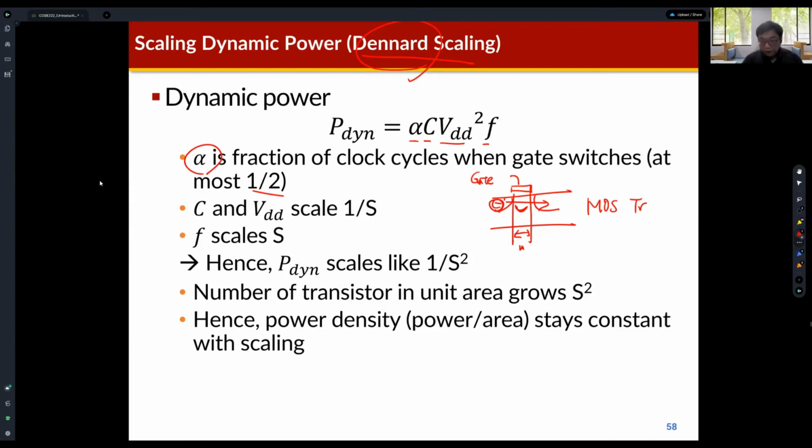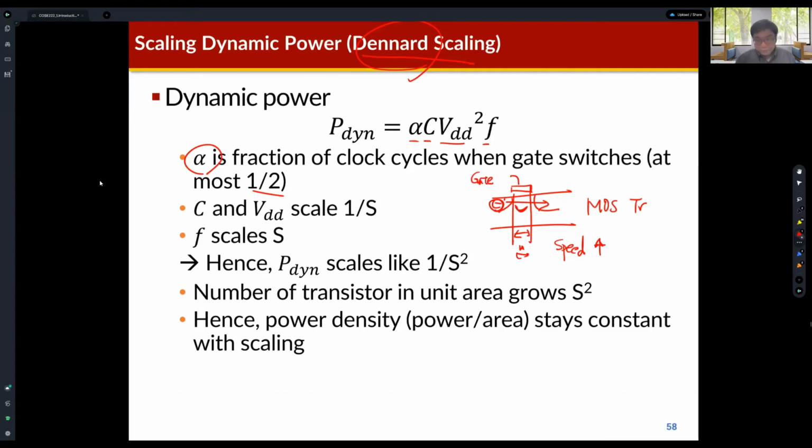Okay, so if this channel width is short, then the speed is increased. So that means if we use more advanced semiconductor technology, that means the node number is reduced, then we can make a faster chip, a faster processor.